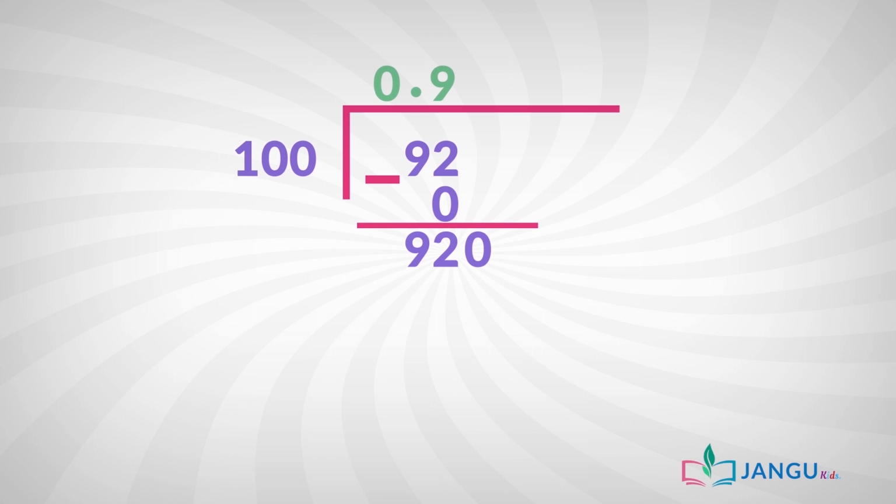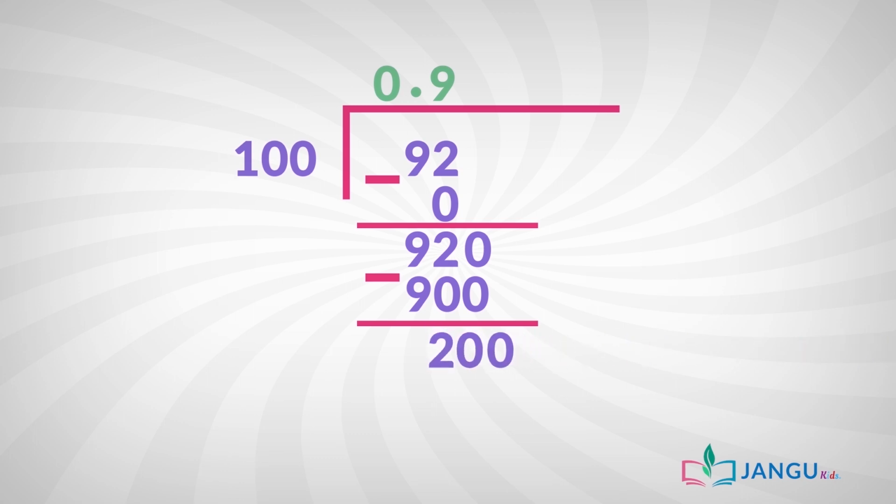So we add a decimal point after the 0 on top and then write 9. Next, we multiply 9 by 100 and write the result under 920. What do we have? 900. Then we subtract 900 from 920, which leaves us with 20.